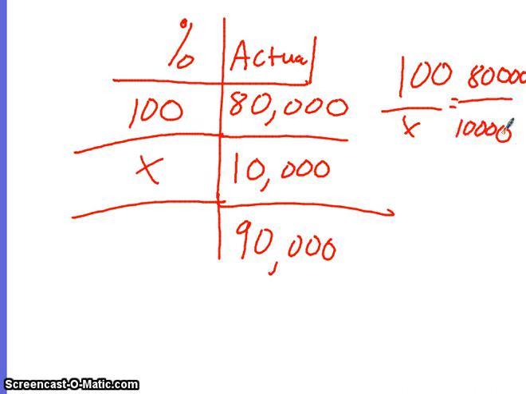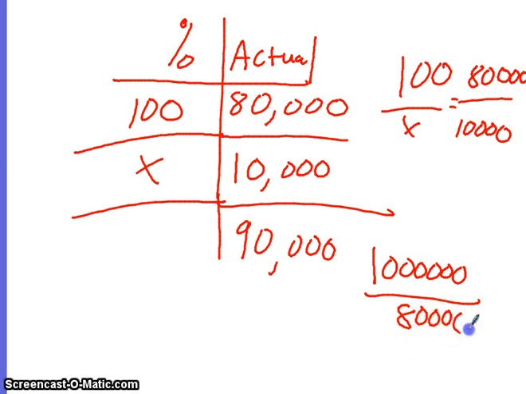Okay? When I cross multiply, I get some crazy numbers. I get 1 with 6 zeros after it, 1,000,000, divided by 80,000.